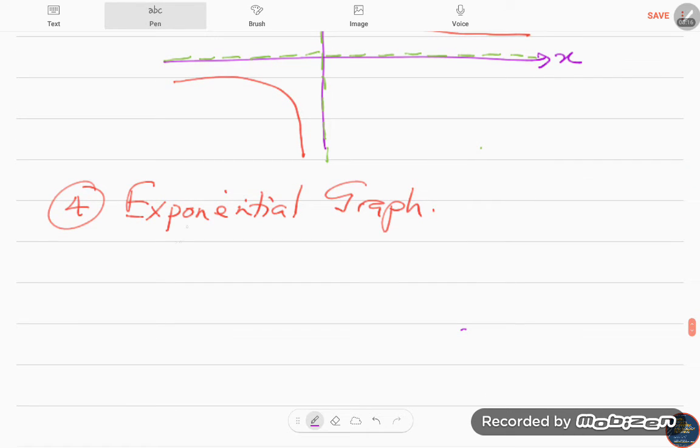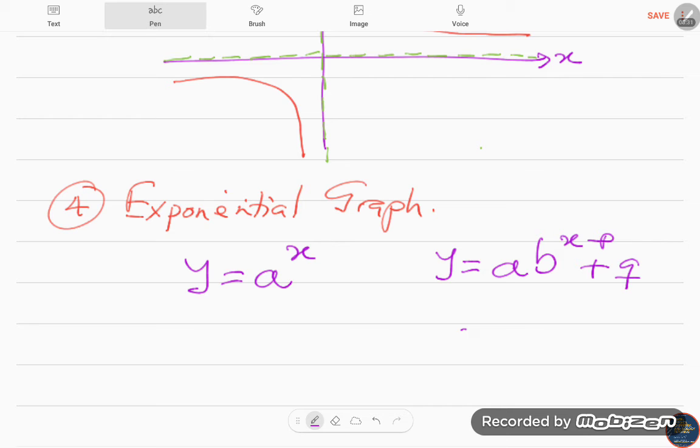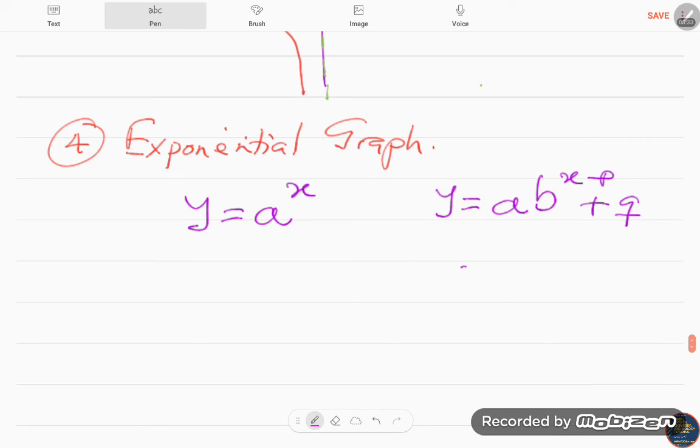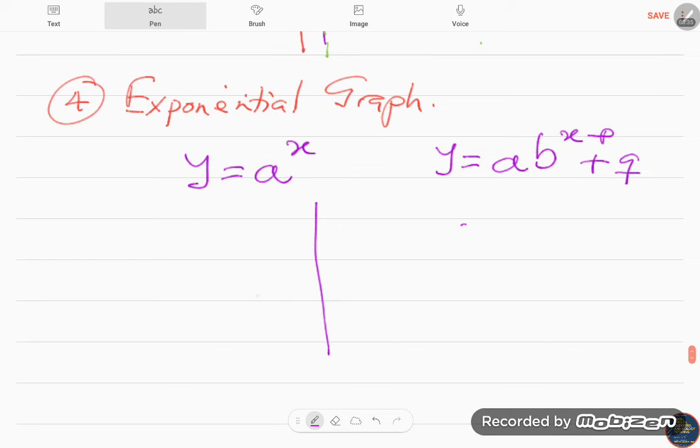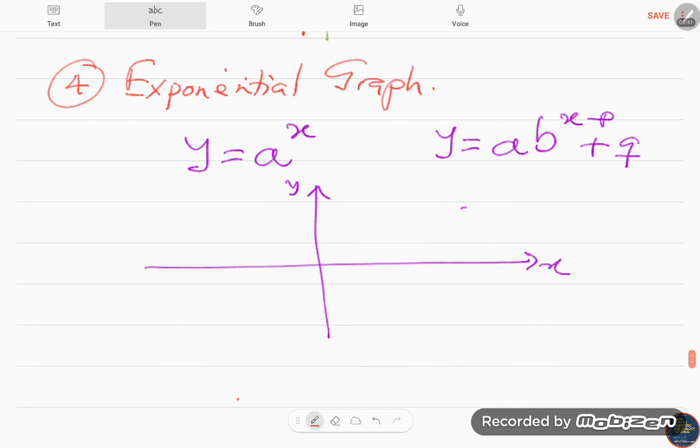The general format for the basic one is really just knowing this here. That's the one that we're going to draw. But the expanded format is the one that you guys are going to meet very often. That one right there. So the one that we're going to draw here are the following. Okay.